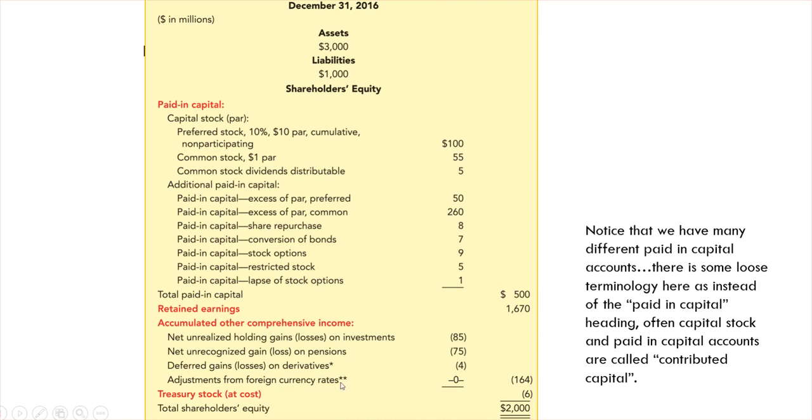What are these things? Well, foreign currency rate adjustments come about because the financial statements of a conglomerate are done in different currencies. So you might have a balance sheet for one company that's in the U.S. done in dollars. You might have another company that has their balance sheet done in euros.